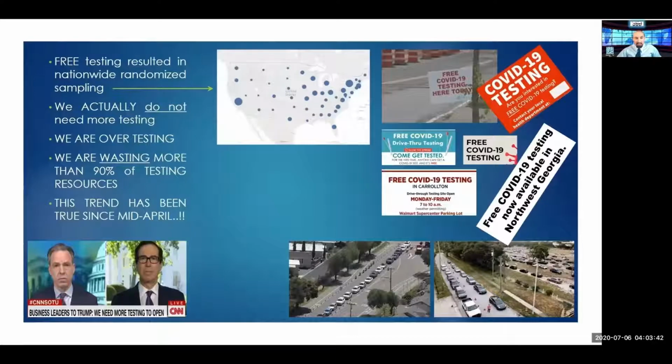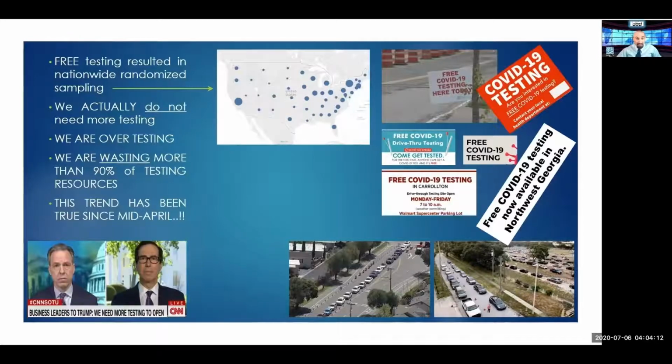Because of the pressure to do more testing because we were under the wrong impression that we need more testing, we made testing free. And this unintentionally resulted in a nationwide randomized sampling just by sheer luck. And this was happening all over the United States. We actually do not need more testing.